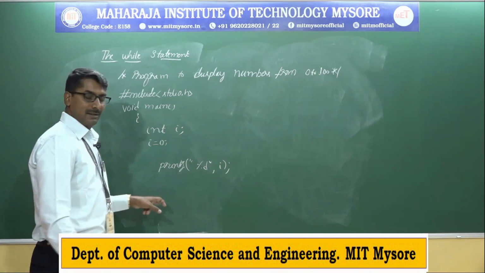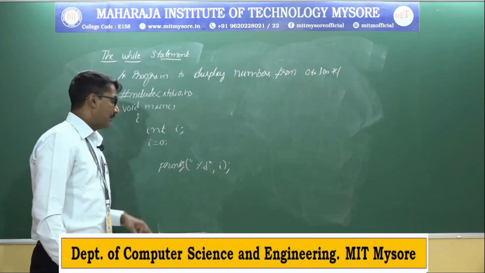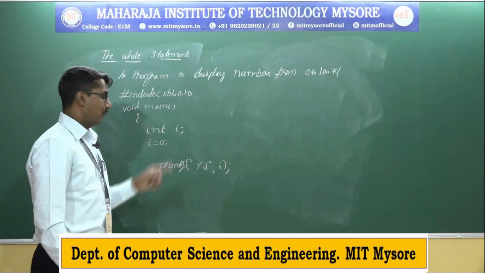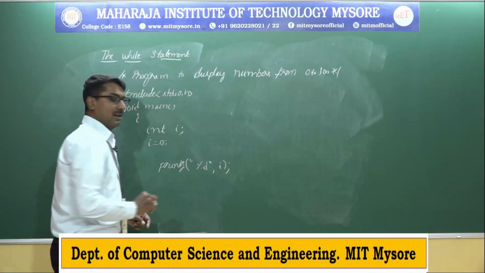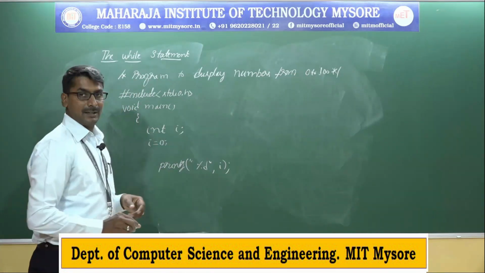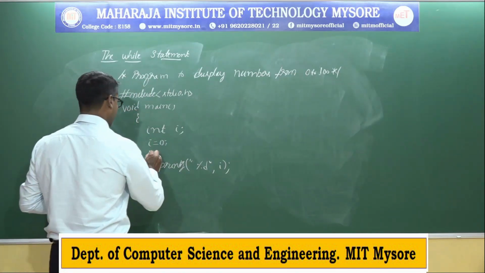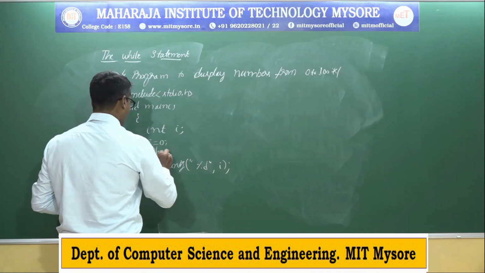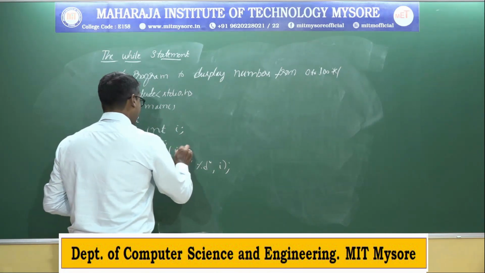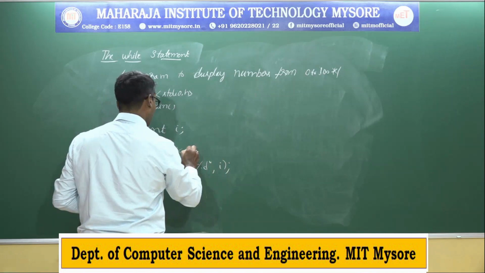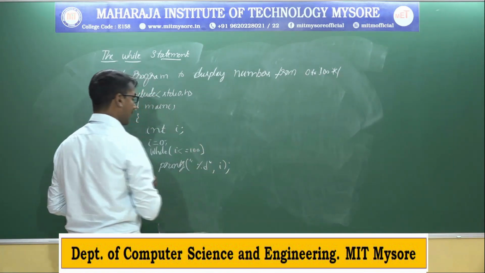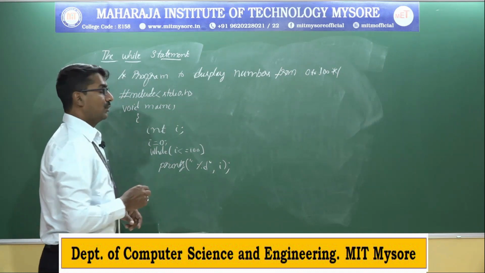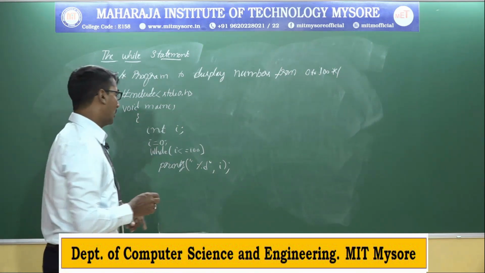Next I want to display the next numbers: 1, 2, 3, 4, 5. So I need to repeat this statement how many times? 100 times. So here I will set the condition: while i less than or equal to 100. If I set less than or equal to 100, it will display 0 to 100, meaning 101 numbers.